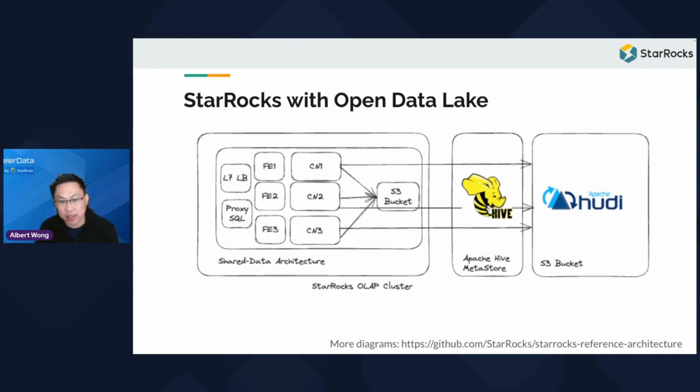We have the StarRocks OLAP cluster, and we're using the shared data architecture. Shared data to us means separation of compute and storage. We also have a different architecture called shared nothing. Shared data is how Snowflake and BigQuery are actually deployed. There's an elastic compute layer, which we call the front end nodes, that provides our emulated MySQL wire compatible protocol.